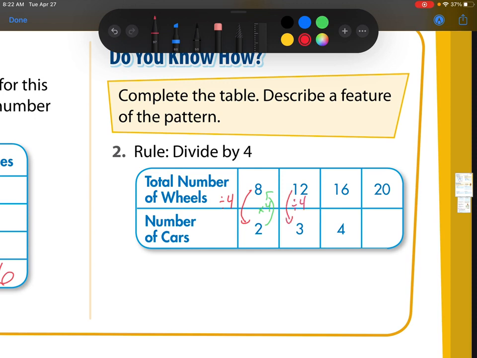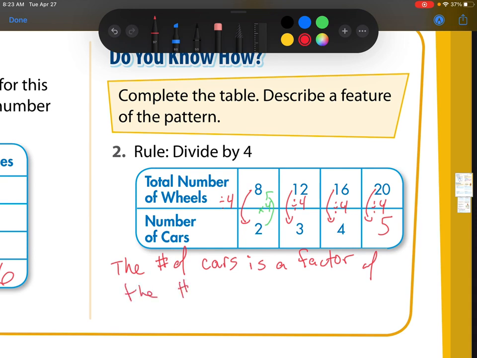12 divided by 4 is 3. 16 divided by 4 is 4. 20 divided by 4 is 5. So what feature pattern do we notice? Well, the number of cars is a factor of the number of wheels.